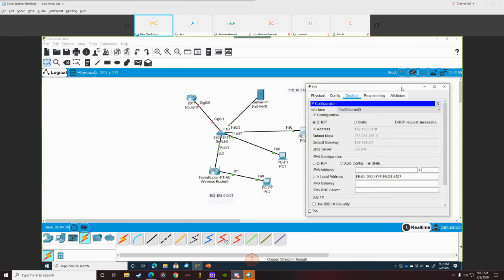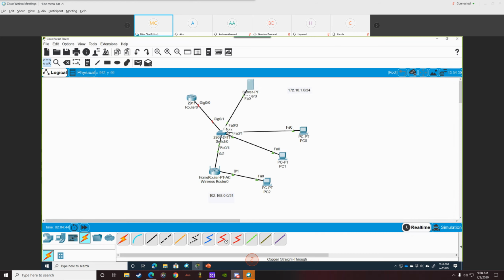Now, the question is, can we prevent this from happening? And the answer is yes. How are you going to do that? We need to implement something called DHCP snooping, which is basically you come to this switch here or multiple switches, and you can say, okay, this is the only port we're going to allow for DHCP traffic.